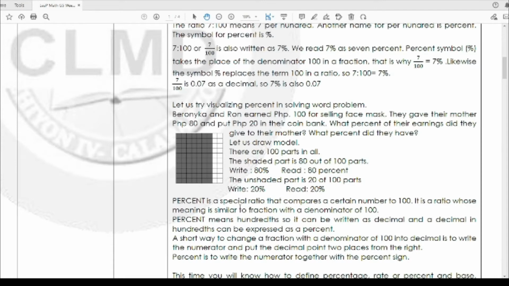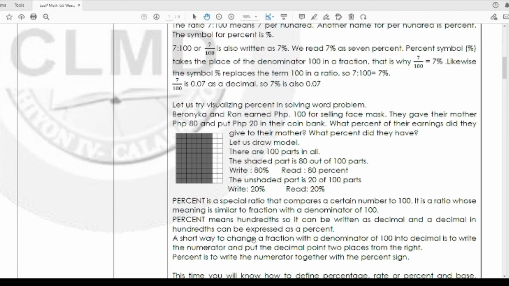Percent is a special ratio that compares a certain number to 100. It is a ratio whose meaning is similar to a fraction with a denominator of 100. Percent means hundredths, so it can be written as a decimal, and a decimal in hundredths can be expressed as a percent.